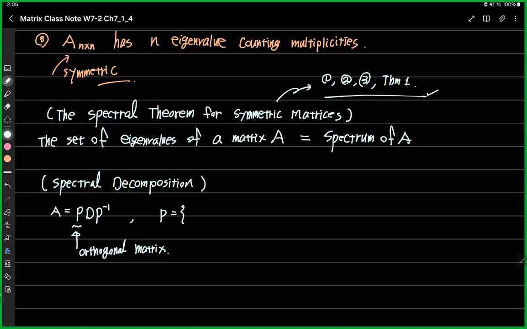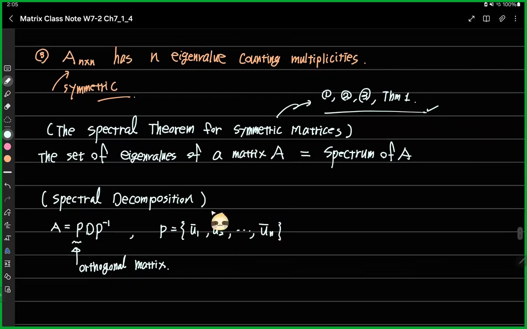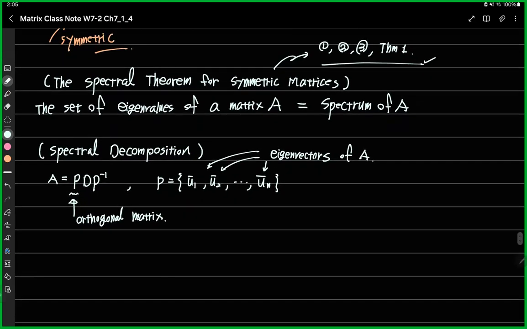Each column of matrix P is an orthonormal eigenvector, so you say U1, U2 through UN. These are eigenvectors of matrix A, corresponding to lambda one through lambda n.